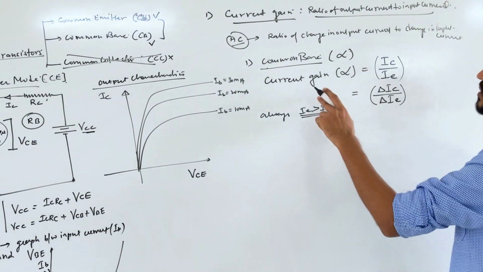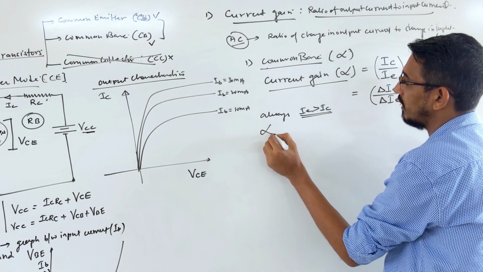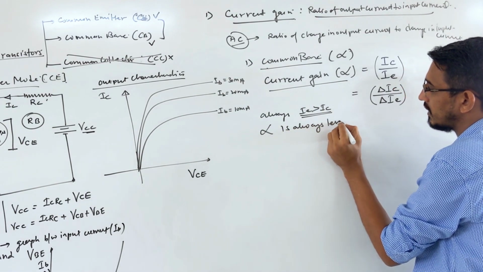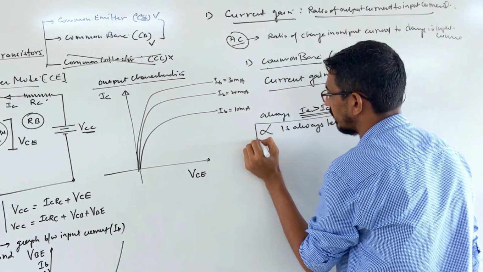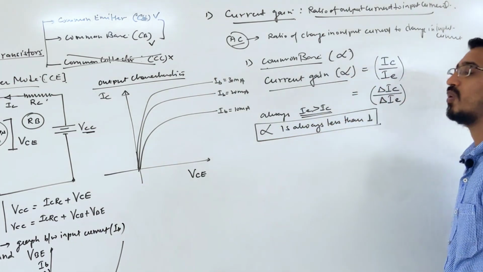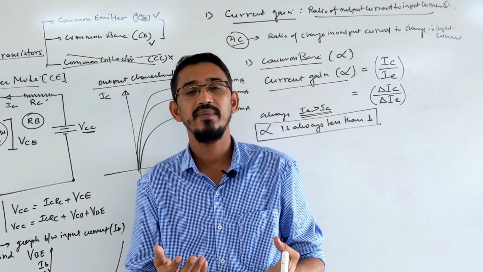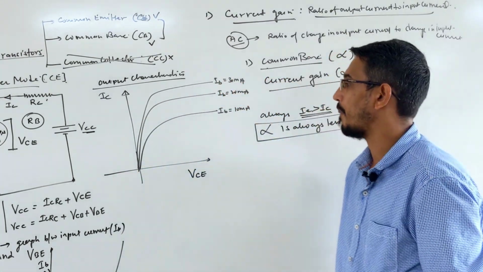This is your current gain alpha. Keep in mind, this is very important: alpha is always less than 1, because you are taking the ratio IC by IE, and IE is always bigger than IC.